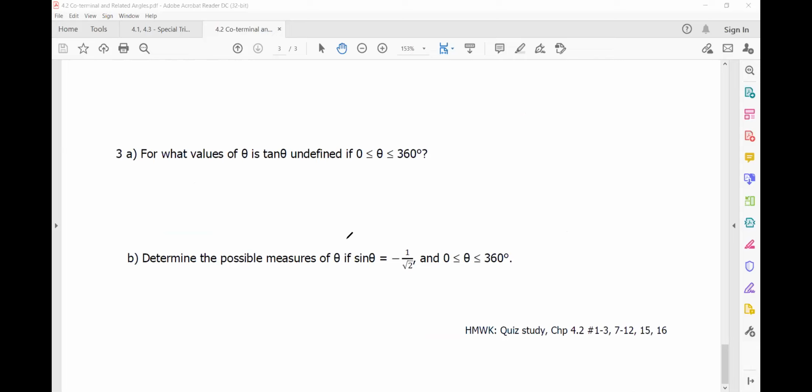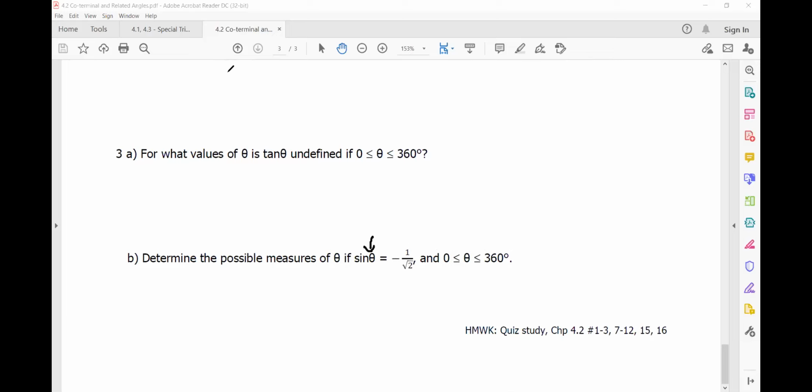What are the possible angles of sine theta equaling negative 1 over root 2 in a domain of 0 to 360 degrees? Okay, first off, I don't know what the angle is, and this is a tough one to do. It's got to be a negative, so take a look.